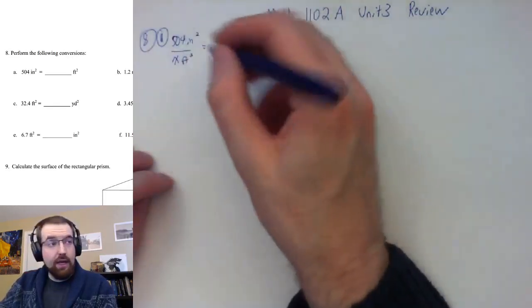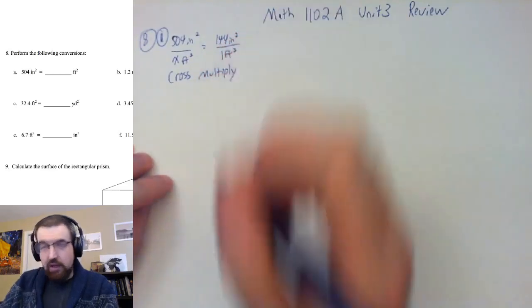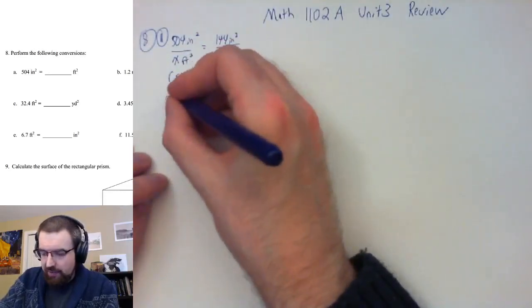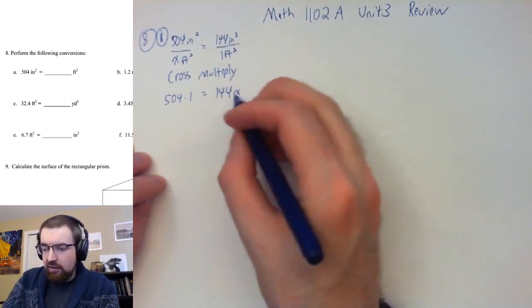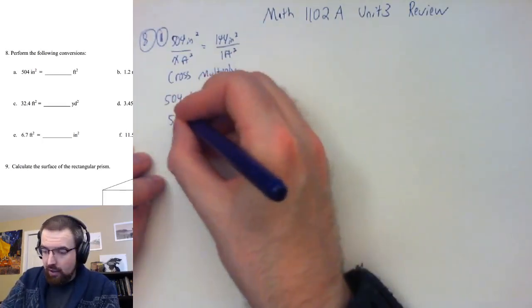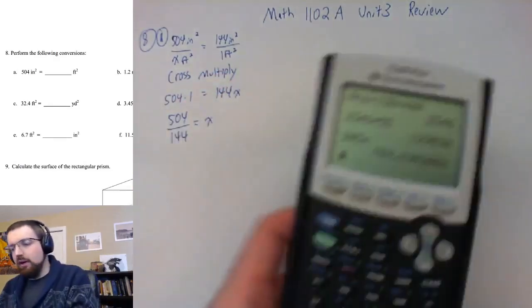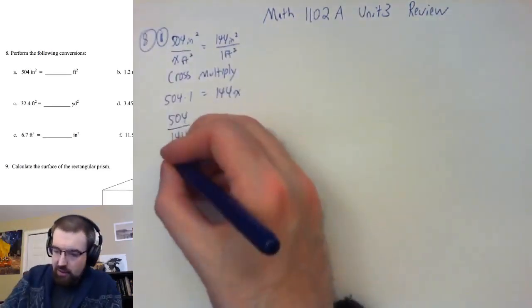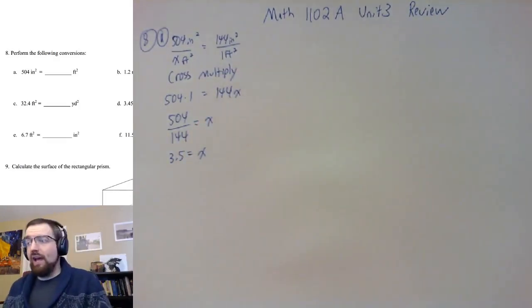So now we can cross multiply. On the left, we're going to have 504 times 1, and on the right, we're going to have 144 times x. Then we divide to get rid of this 144. We're going to have 504 divided by 144 equals x. And 504 divided by 144 is going to equal 3.5. 3.5 equals x. So the answer to 8a is 3.5.